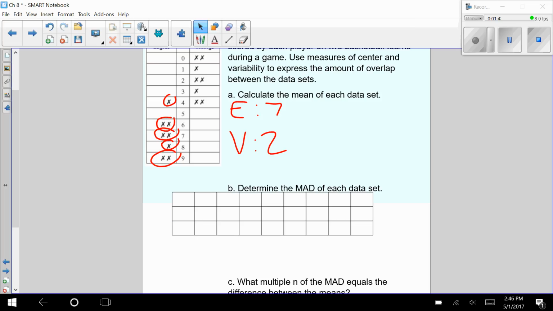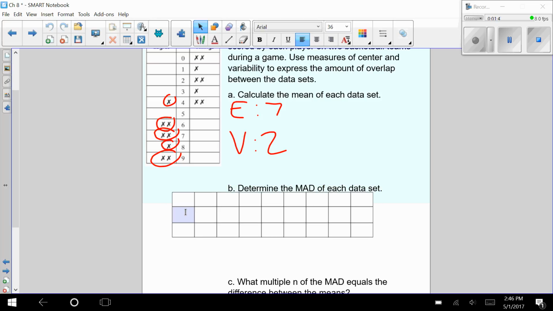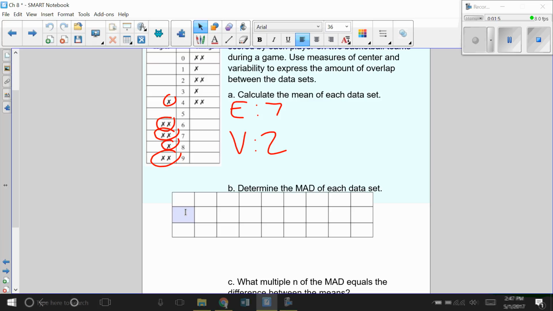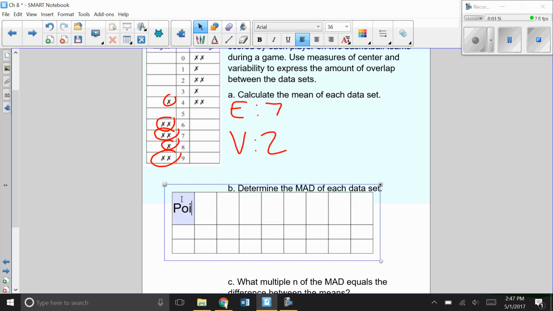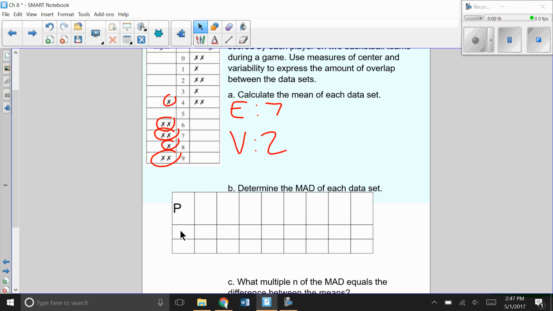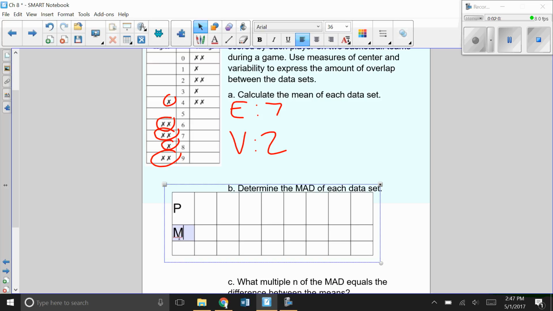The first row is points, I'll call it P. The second row will be your mean. And the third row will be our differences.